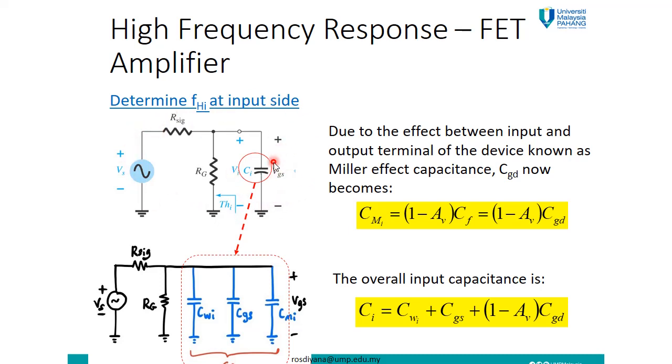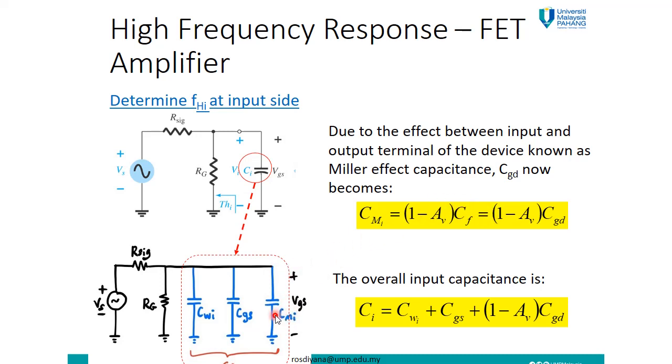We know that this capacitor Cin contains CWin, CGS, and CMi, the Miller effect capacitance.